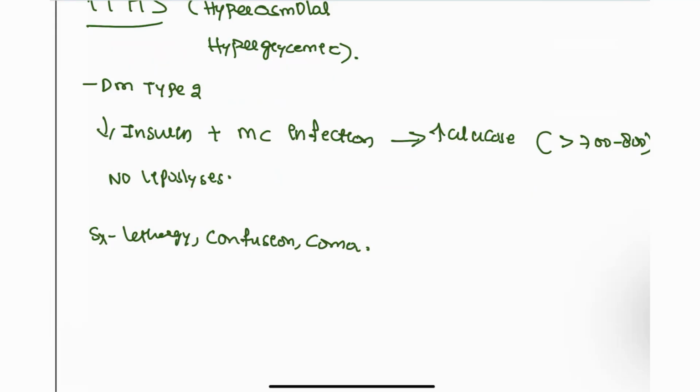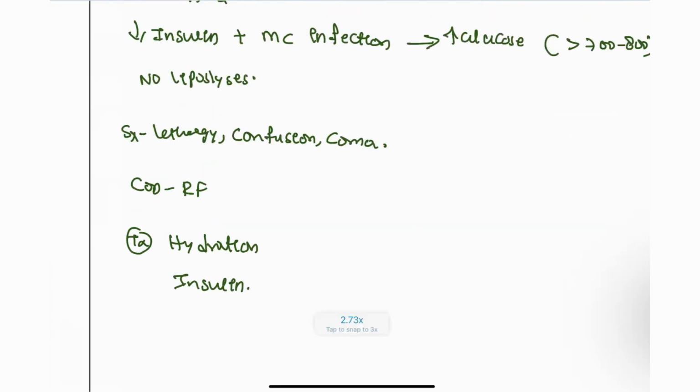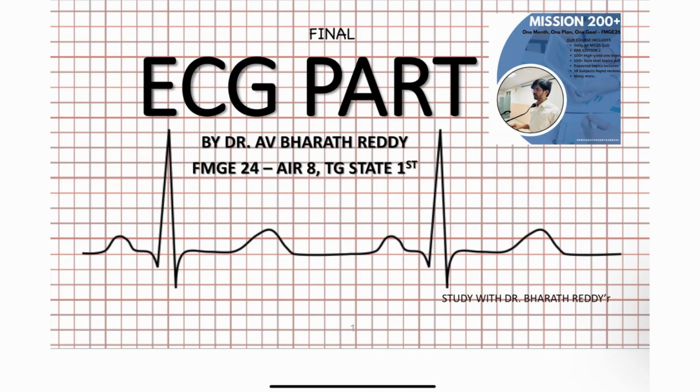Next, the cause of death for this patient is renal failure. And the treatment protocol is not as complicated as DKA, but hydration is important and insulin should be given for this patient. Okay, this is the importance of conditions like micro and macrovascular complications, DKA and HHS. And let's continue with the ECG part.